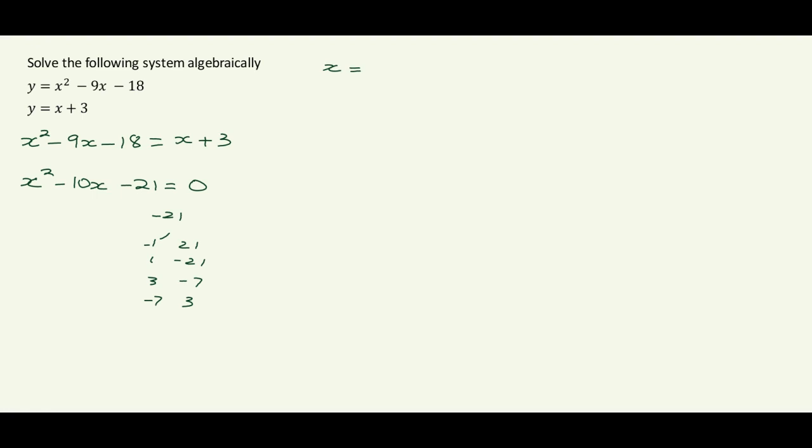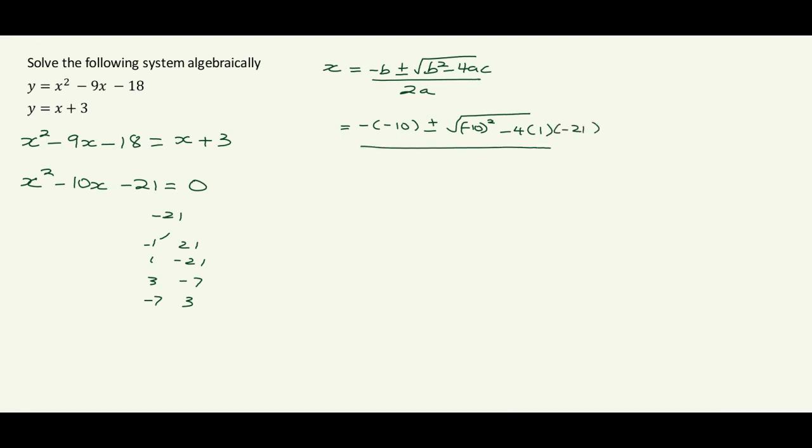So x equal to minus b plus or minus the square root of b squared minus 4ac, over 2a. This is going to be minus of minus 10 plus or minus the square root of negative 10 squared minus 4 times 1 times negative 21, over 2 times 1. This gives us 10 plus or minus the square root of 100 plus 84, over 2.